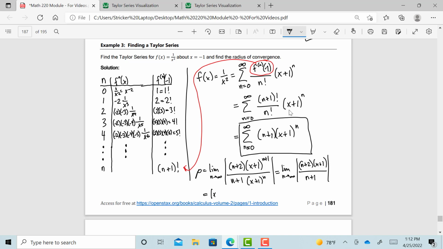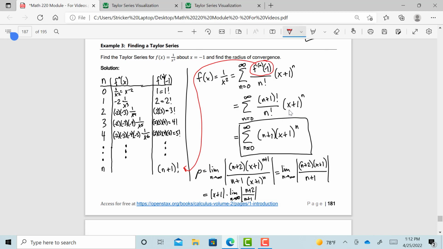So we can pull out the x plus 1, which leaves the limit of (n plus 2) over (n plus 1). And of course that limit approaches 1, right? We know that that approaches 1.